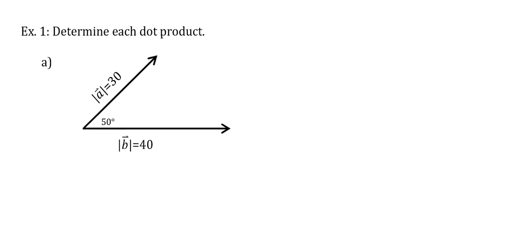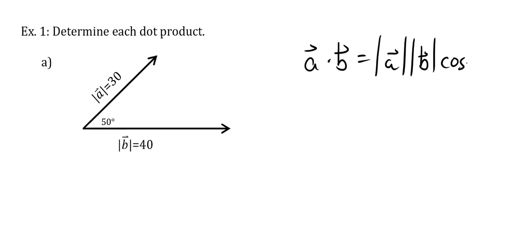Determine each dot product. So we're going to find A dot B, because those are the 2 vectors that were given. So there's our formula. What is the magnitude of A? It's given. What's the magnitude of B? It's given. And the angle between them is given.